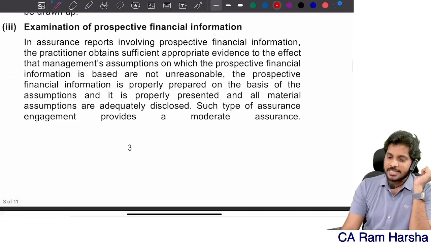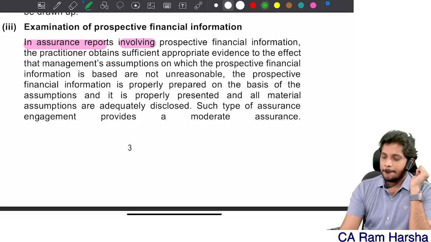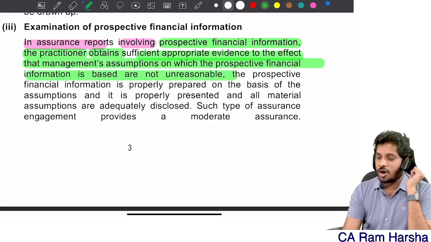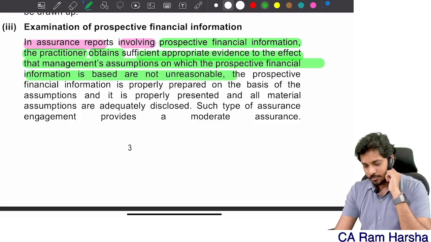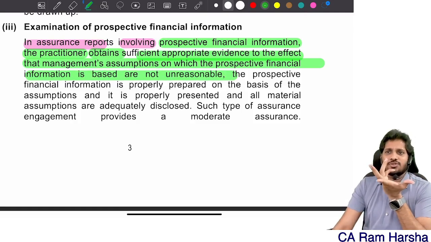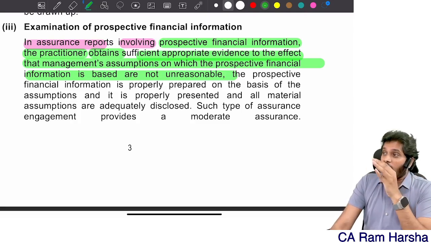And examination of PFI. In assurance reports involving PFI, prospective financial information, the practitioner obtains sufficient appropriate evidence that the assumptions on which PFI is based are not unreasonable. I told you, in prospective financial information, definitely we can't give opinion or conclusion about future financial data. But what we can verify is on what assumptions the prospective financials are prepared.